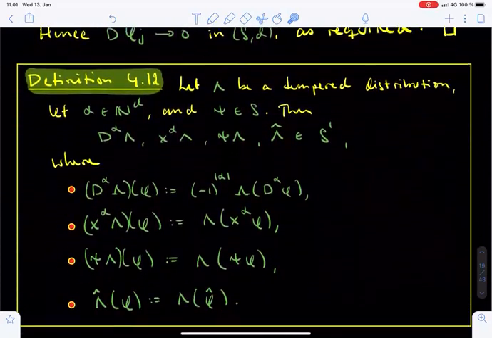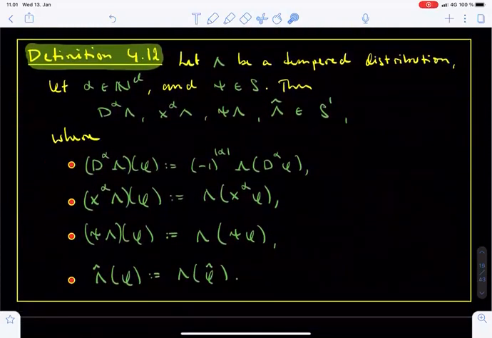With this lemma in hand, we can now define the same differentiation, multiplication, and Fourier transformation operations on the space of tempered distributions. This is the content of Definition 4.12. Let lambda be a tempered distribution, let alpha be a multi-index, and let psi be a fixed Schwarz function. Then we define the following linear maps on the space of Schwarz functions.